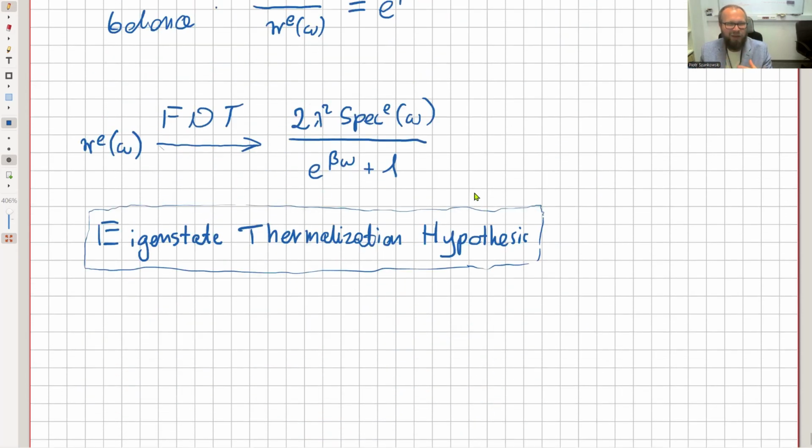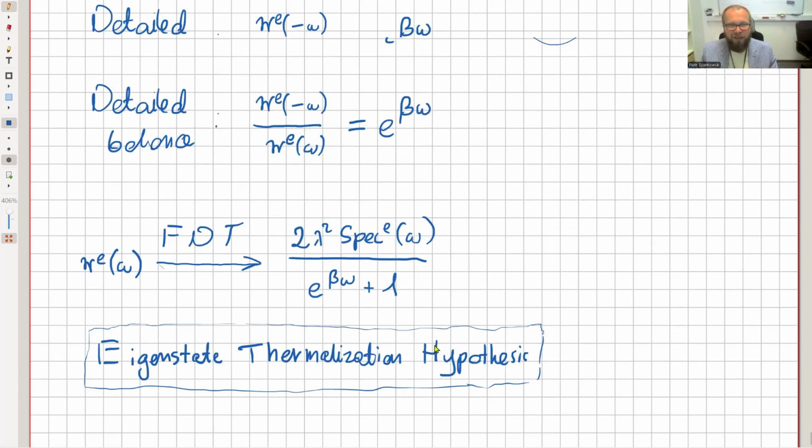There are some brave, interesting considerations about that, and the eigenstate thermalization hypothesis is one of the approaches that people are investigating and have high hopes for. So if you are interested in this particular thing, look up the eigenstate thermalization hypothesis and start reading and go from there. But we won't be getting into more details about this.